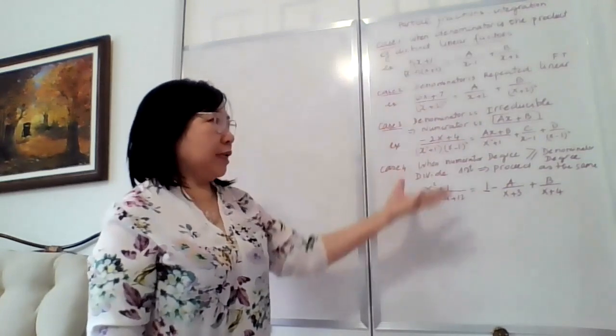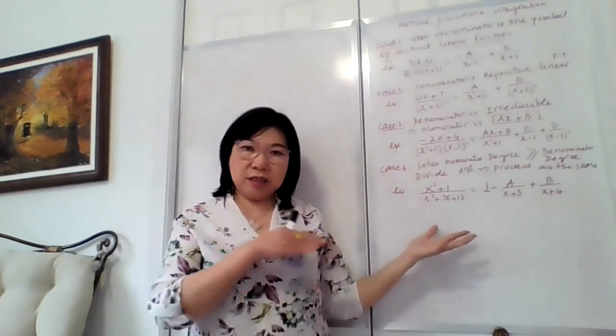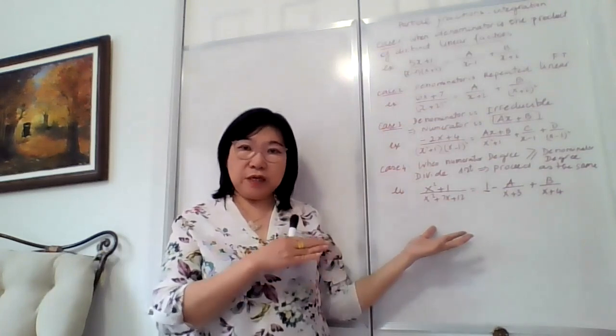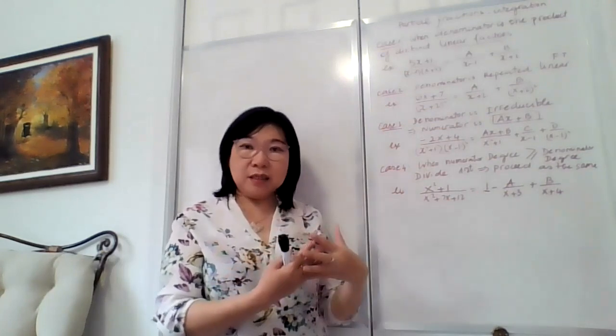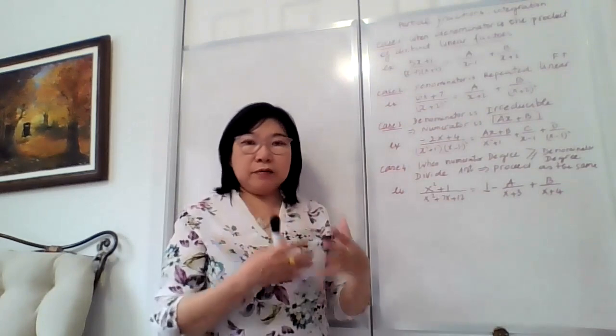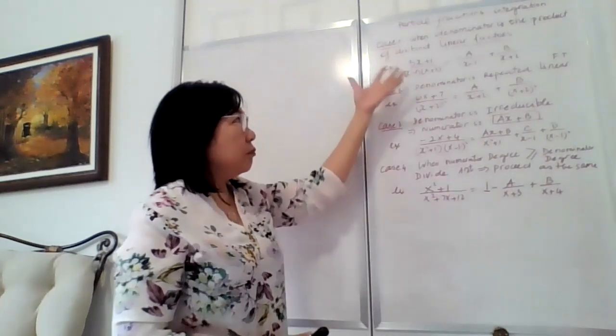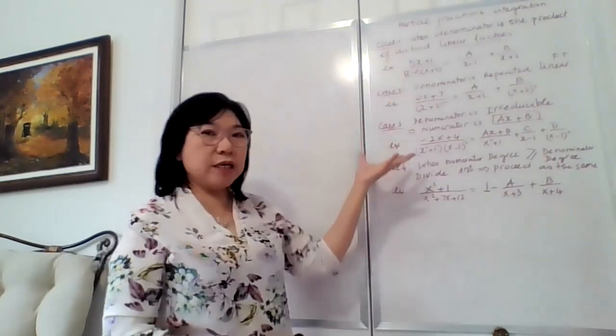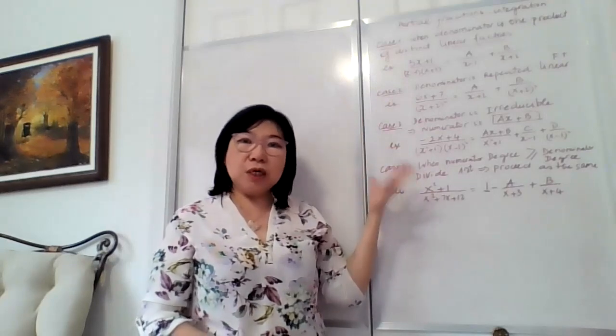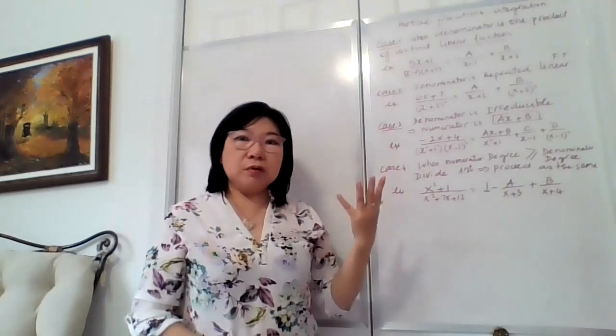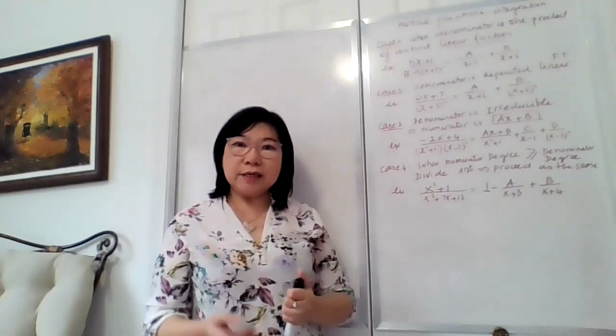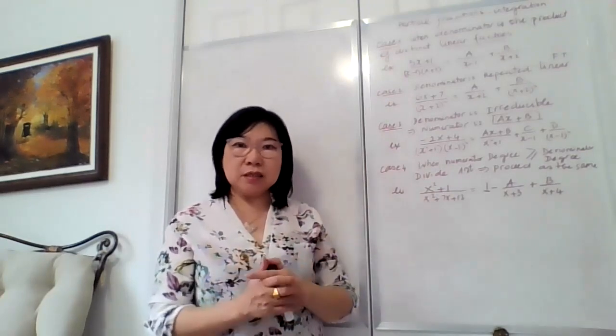However, I want to lay it out like this so that it's clear, step by step, and easy for you to follow my lesson. When I put in the example and indicate which case I use, you will remember more easily and you won't mix up the patterns.